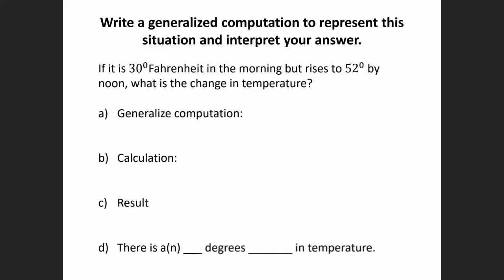Okay, this has 4 parts to it, and I need to make sure you understand the parts. It says write a generalized computation to represent the situation and interpret your answer.